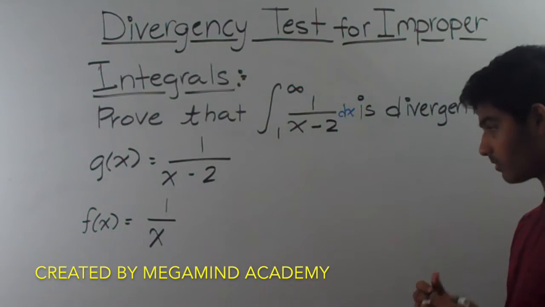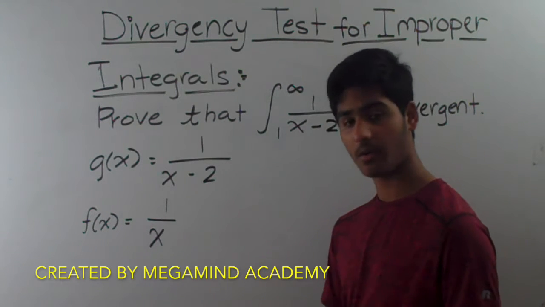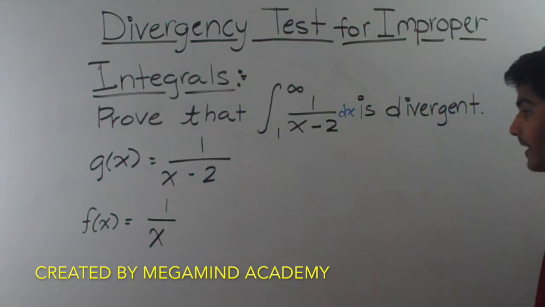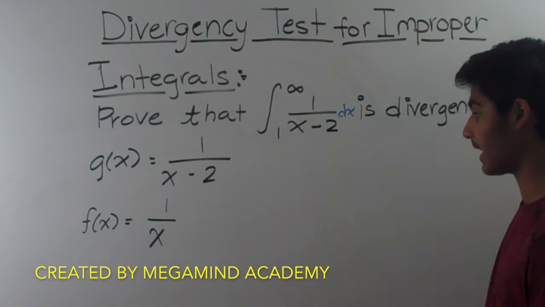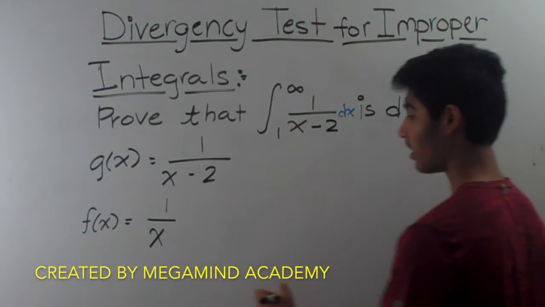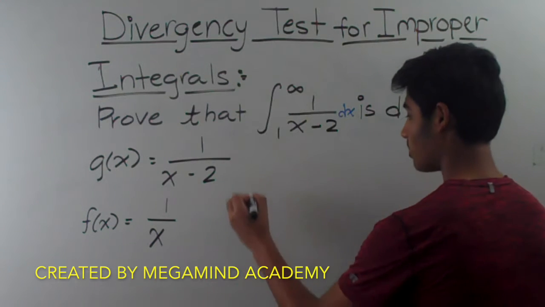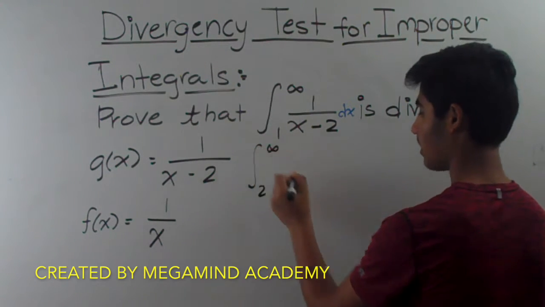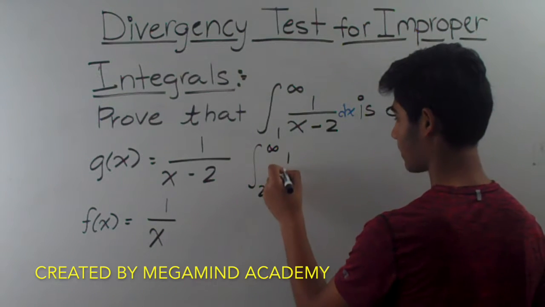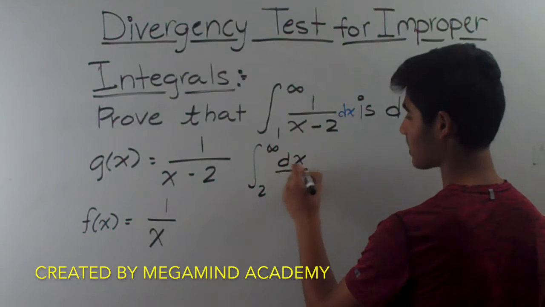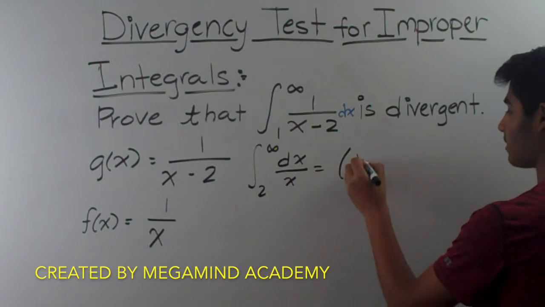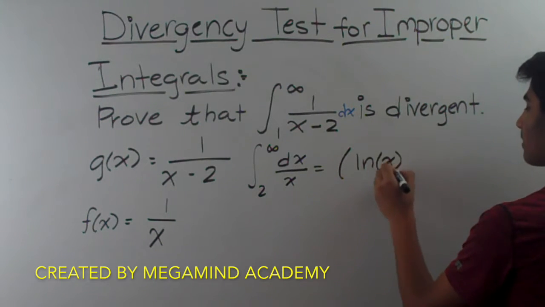So now let's figure out whether f of x is divergent. If it's not divergent, then we have to pick out another function. So the integral from 2 to infinity of 1 over x dx, so we can just say dx over x, would be the natural log of x.